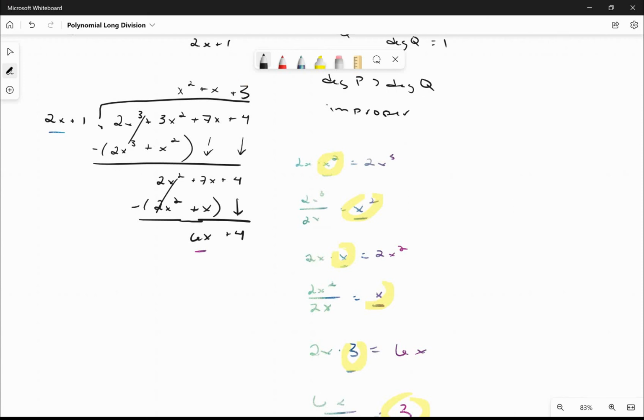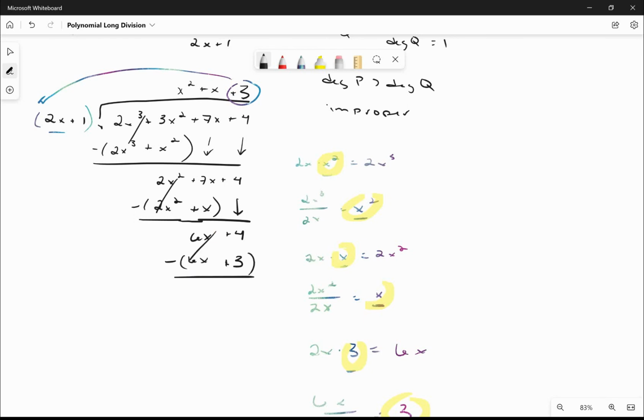And so now we take our 3 and we multiply it through our divisor. 3 times 2x gives you 6x, as it should. And 3 times 1 gives you 3. Right? So then we subtract this out.